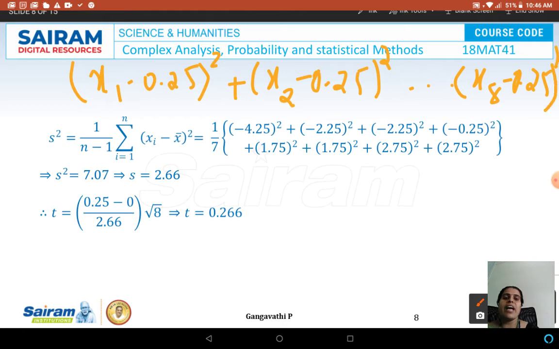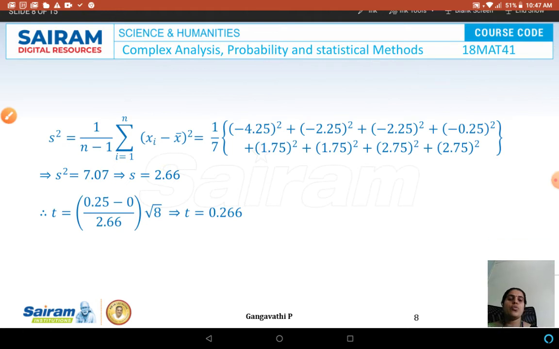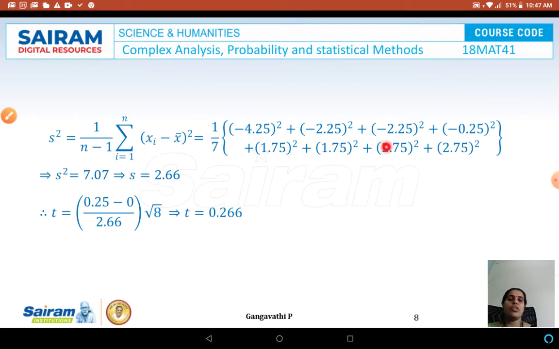So when we evaluate them, we get minus 4.25, minus 2.25, minus 2.25, minus 0.25 and 1.75, 1.75, 2.75 and 2.75. Square is there for all the terms. So when we simplify this, S square happens to be 7.07 and the square root of that is 2.66.